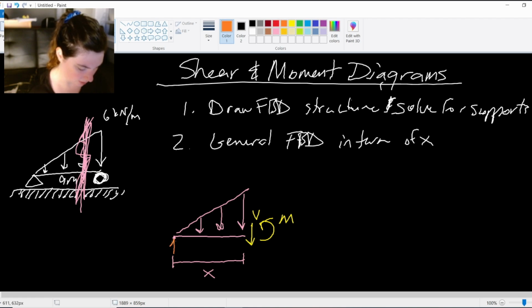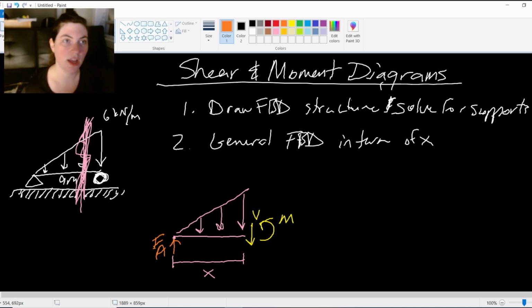Of course, I would have that reaction force over here on this free body diagram too. I would use the loading that I know, along with my equilibrium equations, sum of y forces equals 0 and sum of moments equals 0, to come up with these equations for my shear and moment. That's just applying the equilibrium equations that we've been using for weeks and weeks.